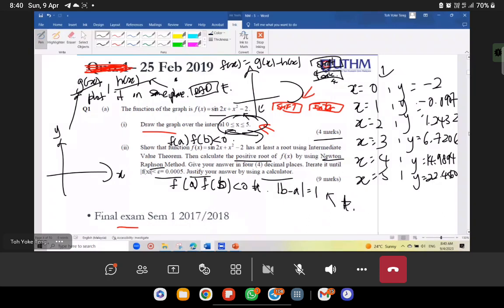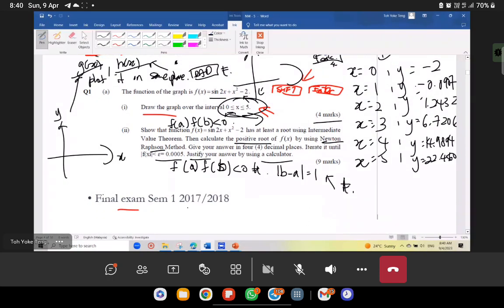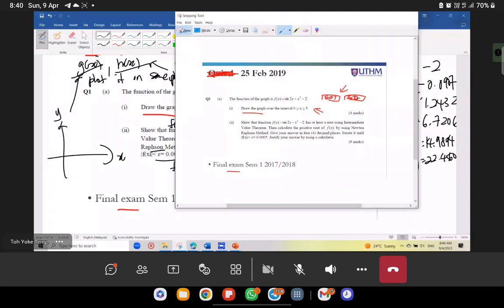Okay, you get the values, and then you may just plot the graph.